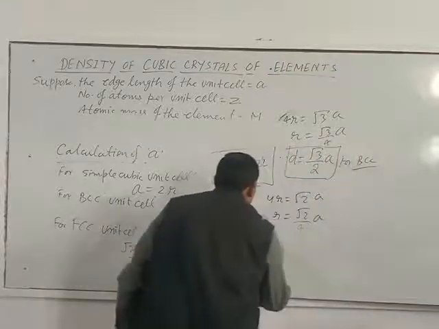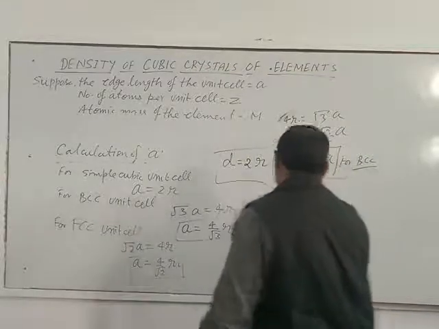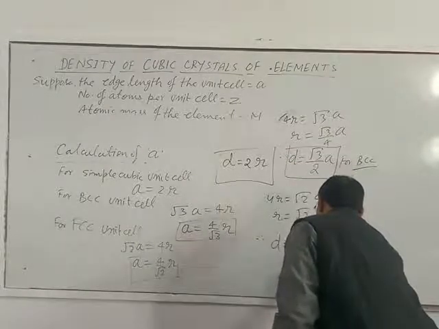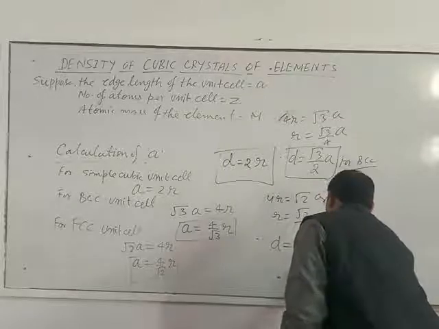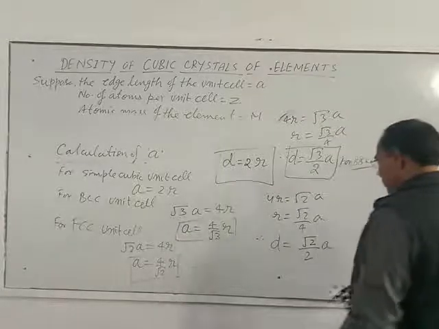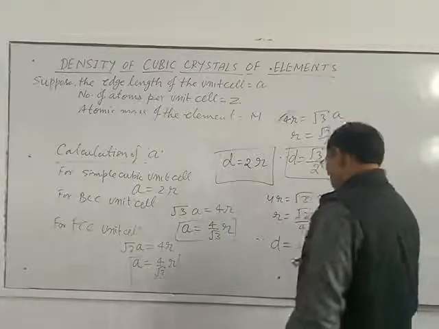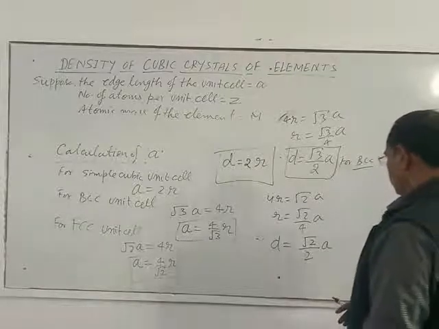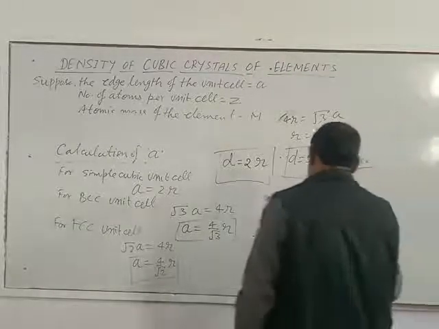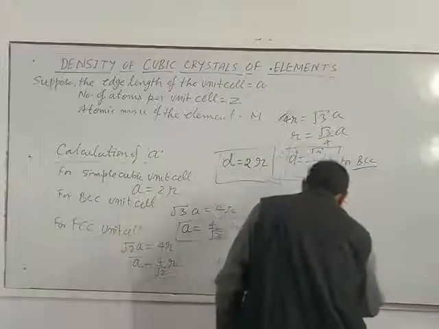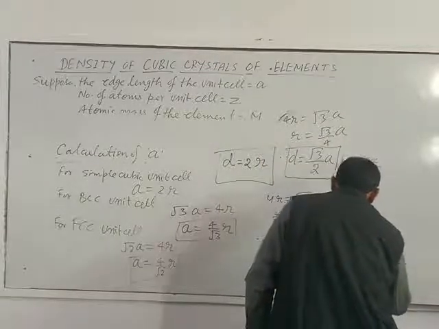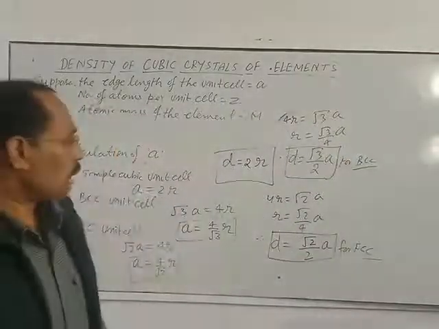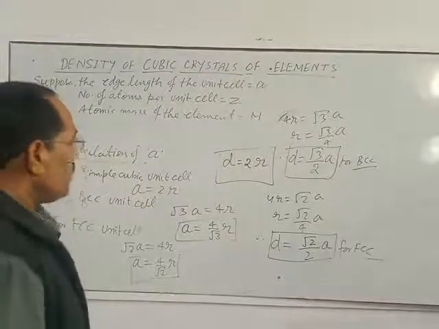Therefore d is equal to 2r, means root 2 by 2 a, for FCC. So these are the important formulas used to calculate distance between nearest neighbors.